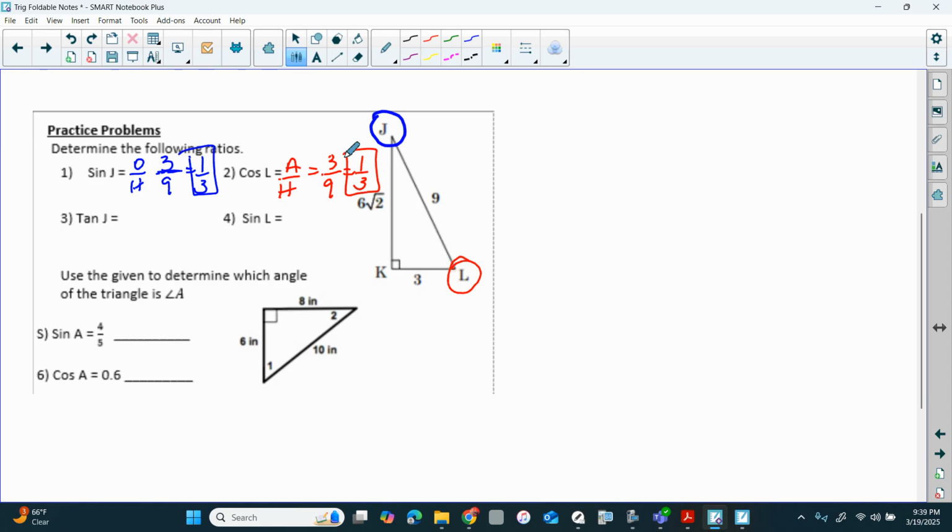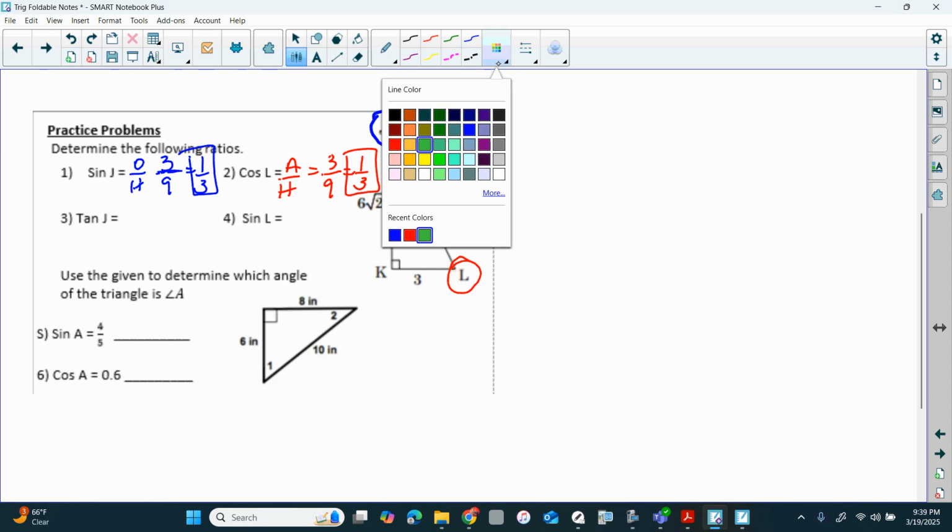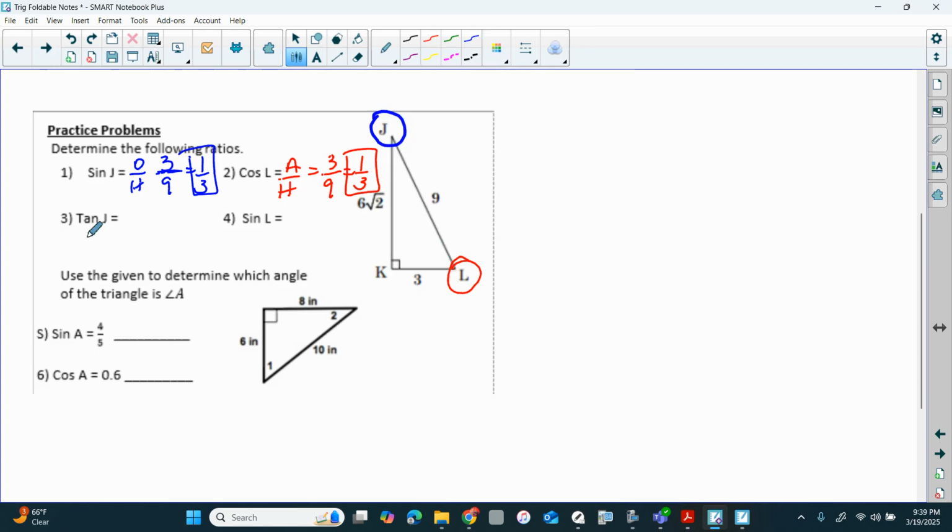Now, tangent of J. Tangent is opposite over adjacent. I don't know if you can see that. Opposite of J is the 3, so 3 is on the top. That's the opposite side. The adjacent is the 6 root 2.